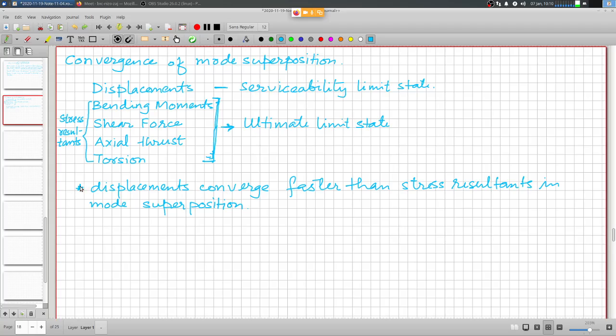Right, so that's a point that you can verify if you have not done so earlier. So what are the effects of this? Why should we be worried, or should we be worried at all, about this fact that displacements converge faster than the stress resultants in mode superposition?